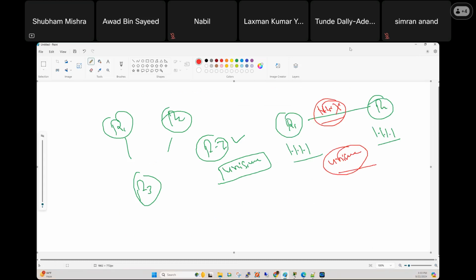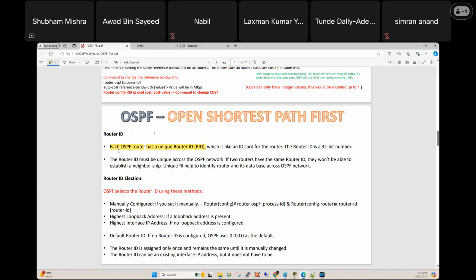Understand? Everyone, tell me. Yes. So please remember, in OSPF every router has a unique router ID, which is like the ID card of the router. What is the size of the router ID? Please remember, 32-bit. The size of the router ID is 32-bit.